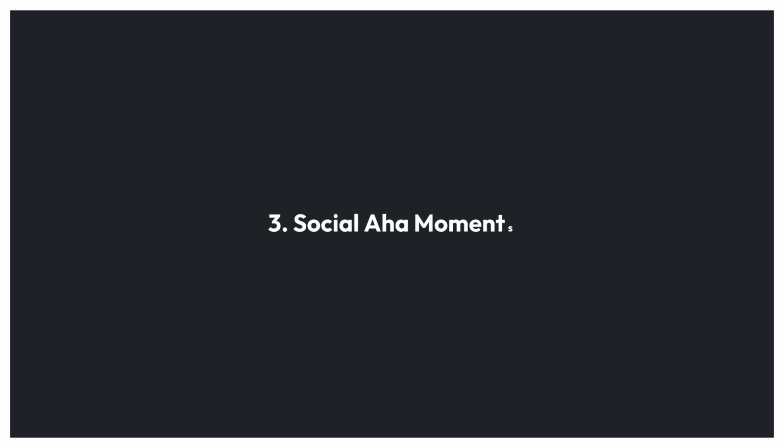Number 3, social aha moments. Social aha moments happen when users see connection, belonging, or recognition for the first time. These moments often occur when users feel seen by others. A good example would be Instagram. The aha moment usually comes when a user shares a photo and receives their first like. The interaction shows that posting has impact.